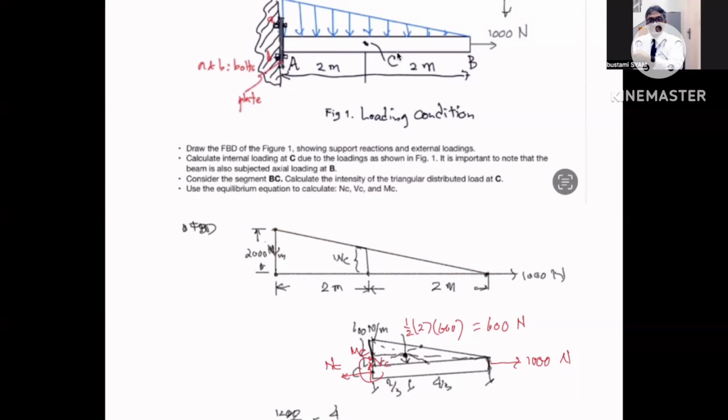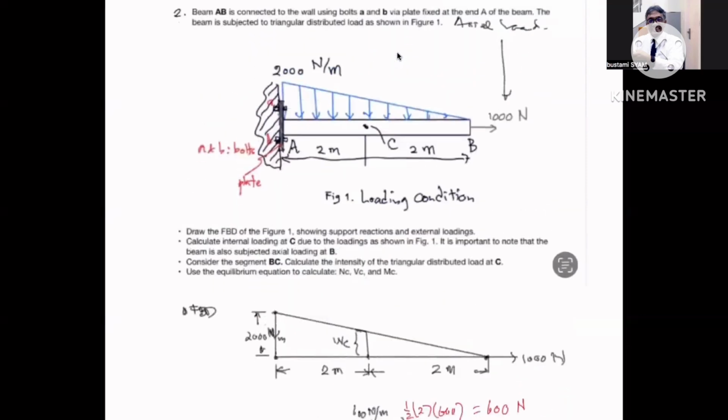The load decreases up to zero at the end of beam at B. So this we call it triangular distributed loading.